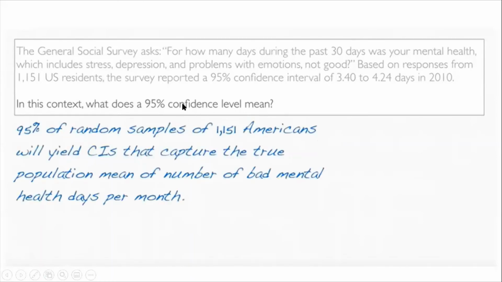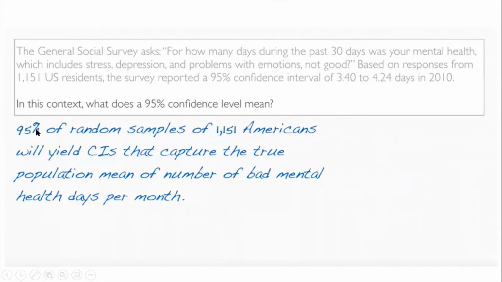Okay, so what it means is that, imagine we are doing the same study 100 times, okay? And then in 95 times, the true population value, the number of days they suffer mental health, that true population value is contained within these two values.